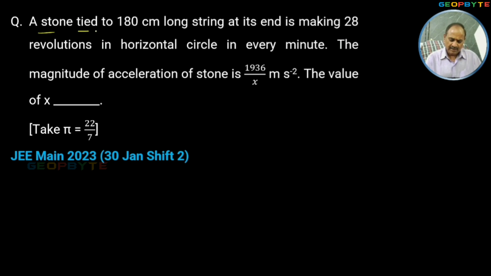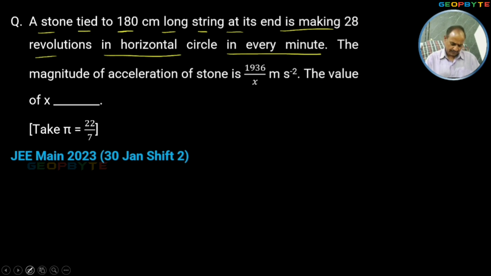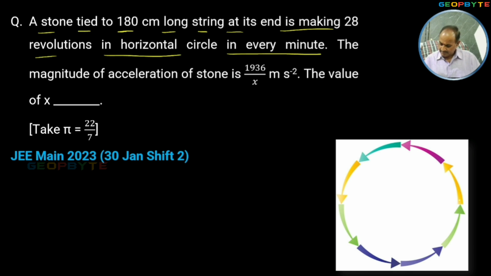A stone tied to a 180 centimeters long string at the end is making 28 revolutions in a horizontal circle every minute. Let this be the stone. The stone is tied to the string.